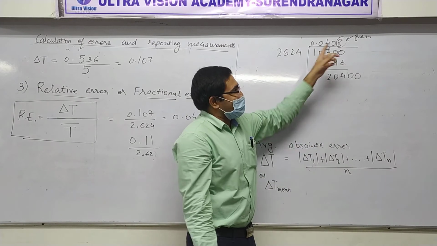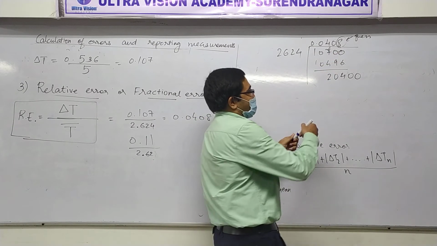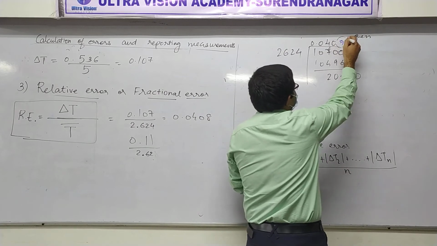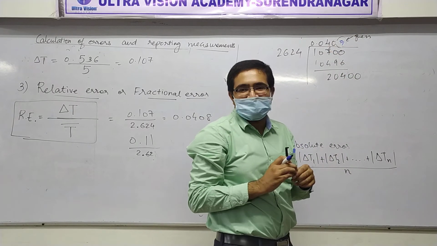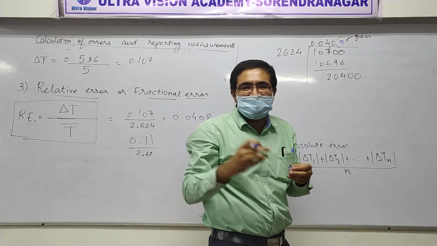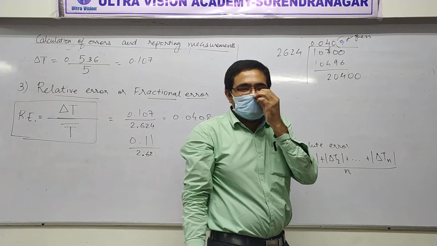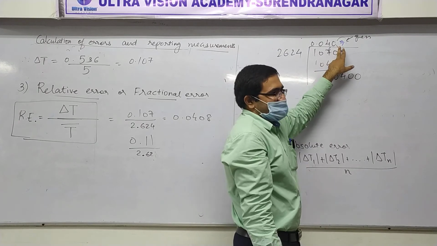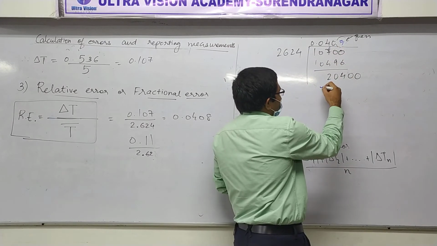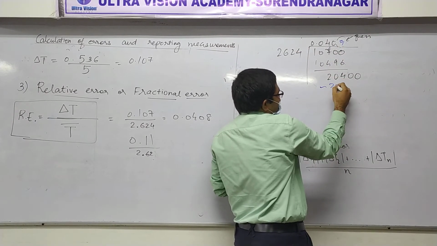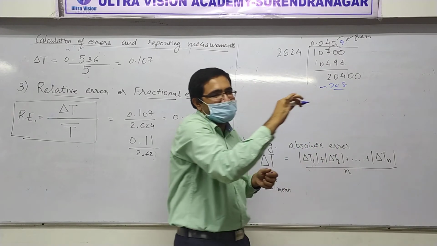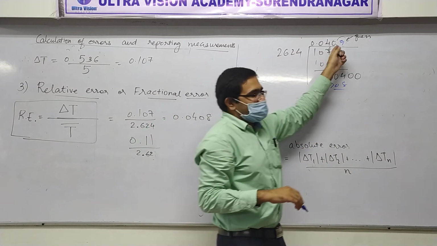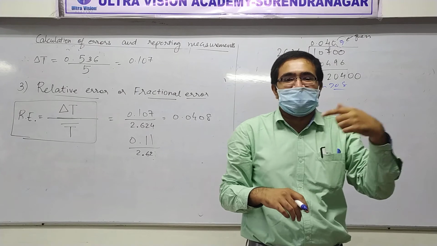So I know this is not 8, but it will be 7. But then also I am writing 8. Even if we get 7, you see this is very close to 26 into 8. Yes or no? Here 208. So even after 7, the next digit that we'll get will be more than 5.